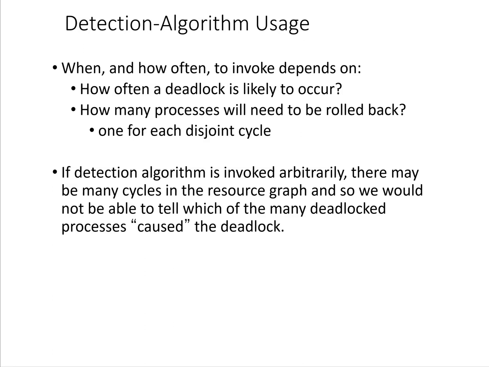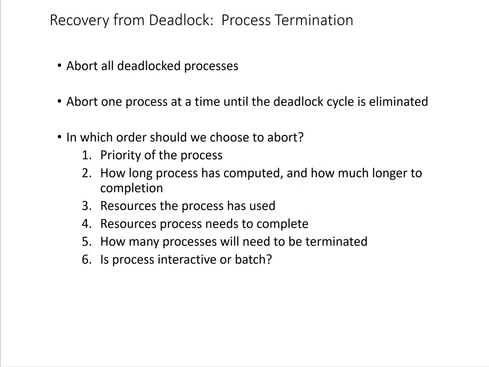So how often do we run this? Well, what's the likelihood of deadlock? How many processes will each need to be rolled back? If a detection algorithm is invoked arbitrarily, there may be many cycles in the resource graph, and so we'd not be able to tell which of the deadlocked processes caused the deadlock. So, how do we get around this? Well, we could abort all deadlocked processes, or abort one at a time.